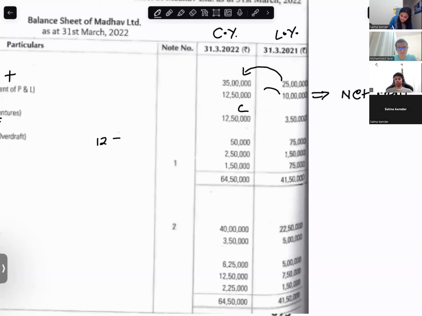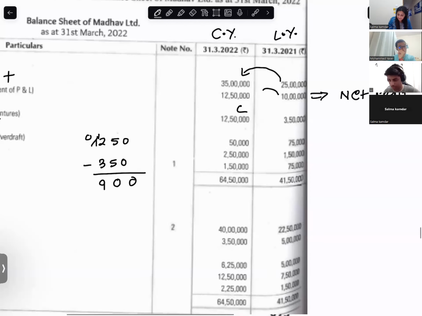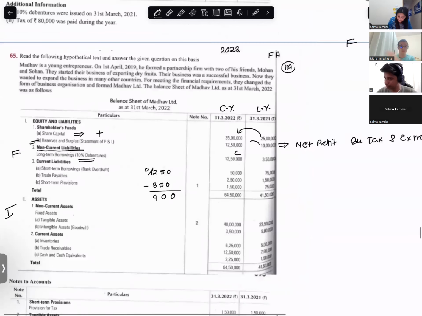It is 1250 now and it was 350 before. So it is increasing by 9 lakh, right? Which activity? Financing activity. It is increasing by 9 lakh.